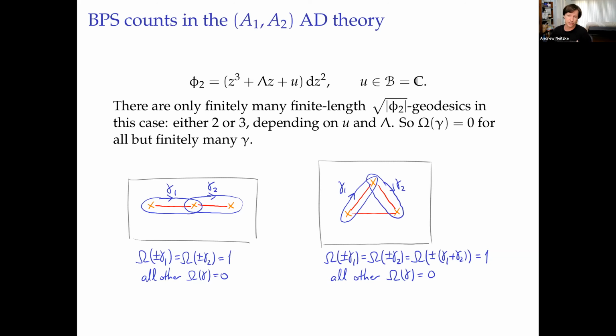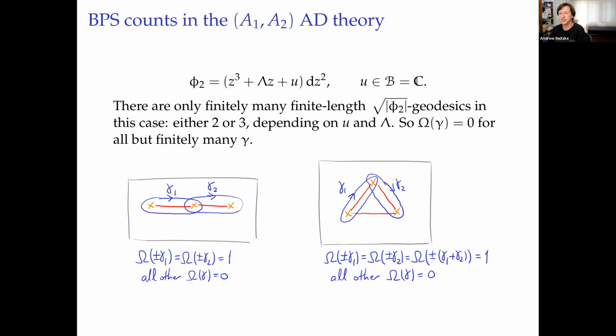So this omega is a function on the whole lattice, but it's 0 almost everywhere. It's supported just on these 2 charges, gamma 1 and gamma 2, and also minus the charges. As I've drawn it, I didn't specify a natural orientation, and the reason is that the invariant is the same for plus gamma and minus gamma. So in the situation on the left, omega is supported on 4 lattice vectors, and it's equal to 1 on all of those.